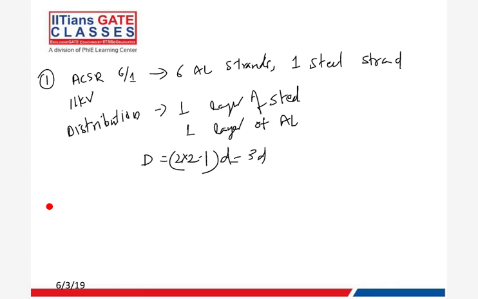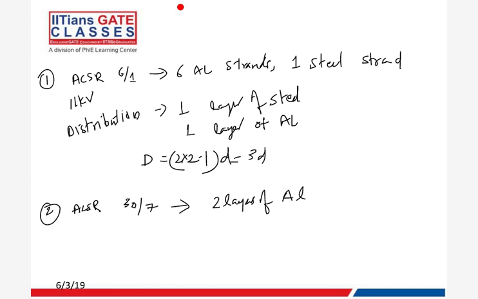Then the second one is ACSR 30 by 7. You can always look at that progression, right?